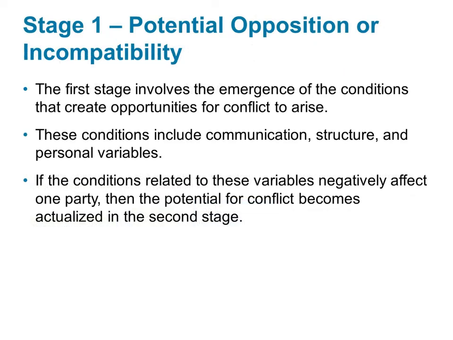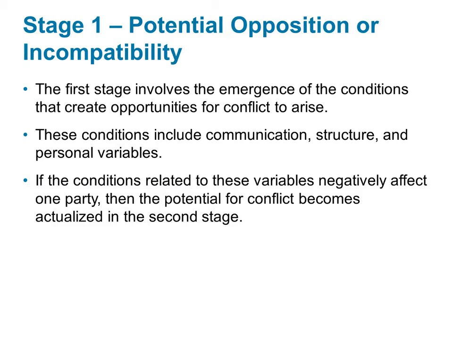The conflict process usually begins when the conditions that are necessary for conflict surface. These conditions are usually related to communication, structure, and personal variables. If the conditions related to these variables negatively affect something that one party cares about, then the potential for conflict becomes what we call actualized in the second stage.